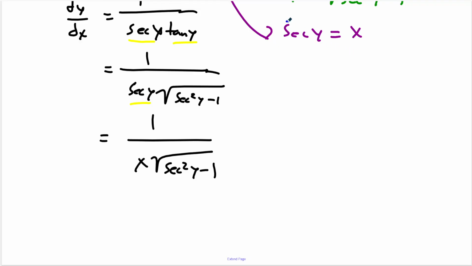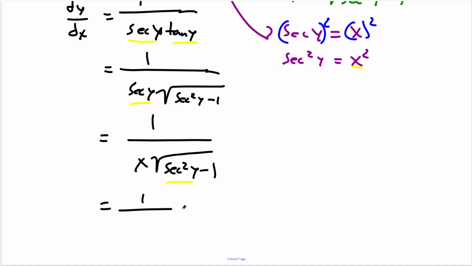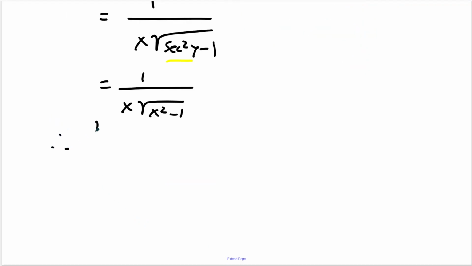Just square both sides here, and I get secant squared of y equals x squared. So then we can substitute this for this. So then we'll get 1 over x square root of x squared minus 1. So we can say, therefore, dy dx equals 1 over x square root of x squared minus 1.